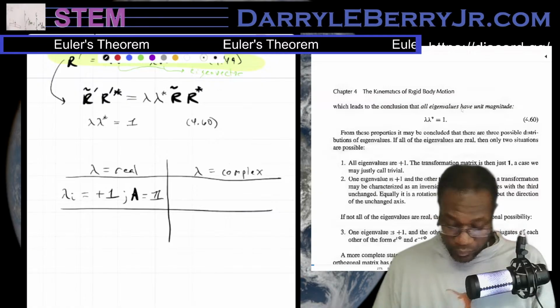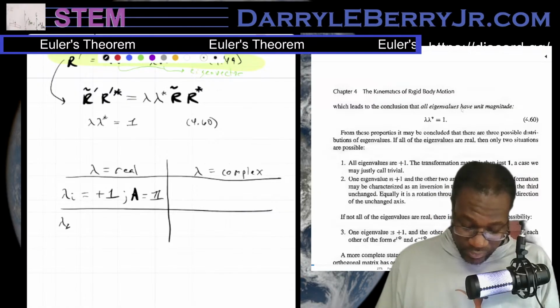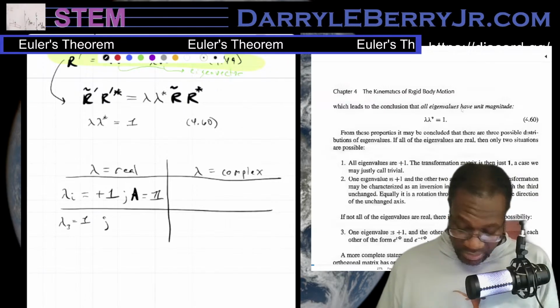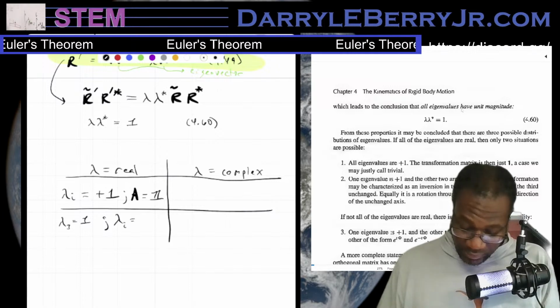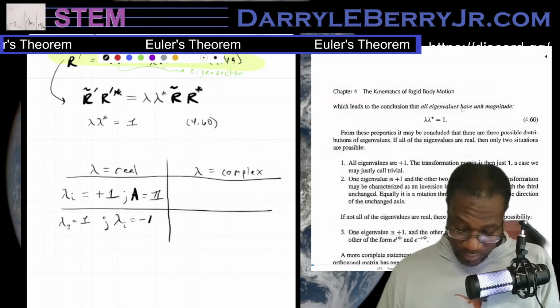Second, one eigenvalue is 1. I'll call this lambda 3 equals 1, and the other two are both -1: lambda i equals -1, so we only have two other ones, where i is from 1 to 2.